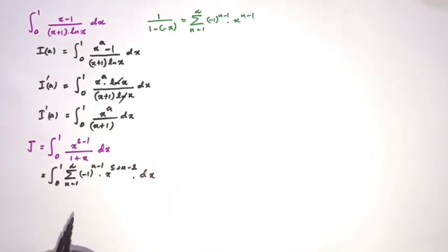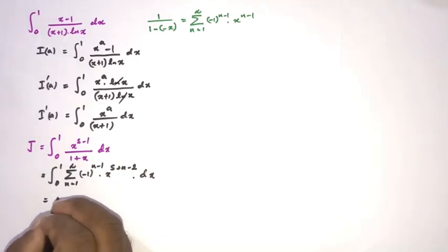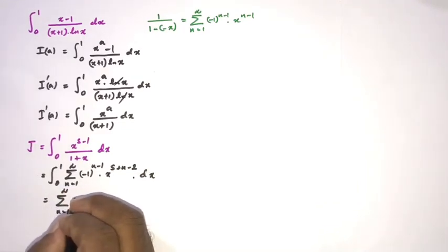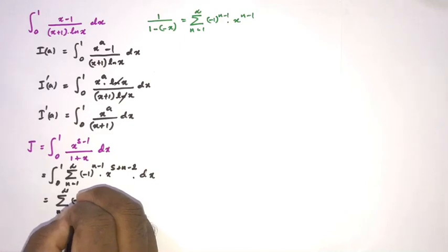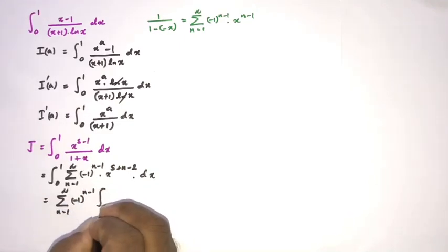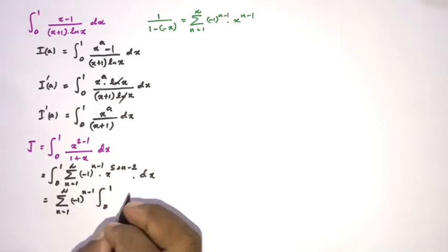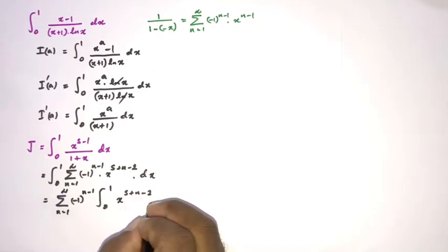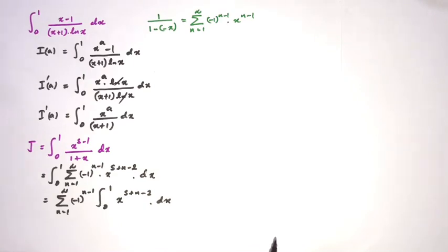Then we can change the order of summation and integration, so we have the sum from n is equal to 1 to infinity of minus 1 to the n minus 1 times the integral from 0 to 1 of x to the s plus n minus 2 dx.